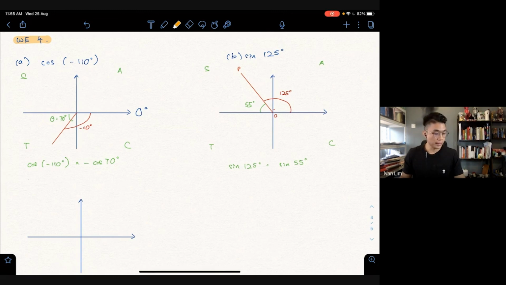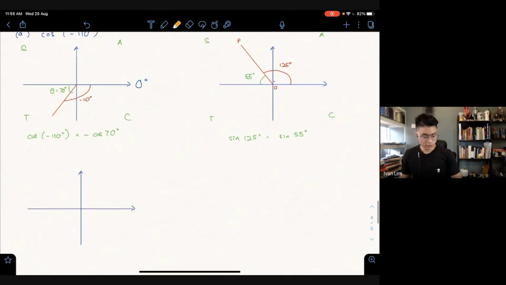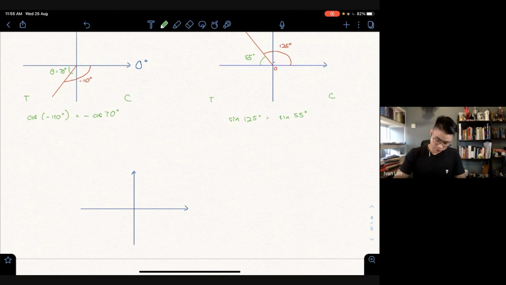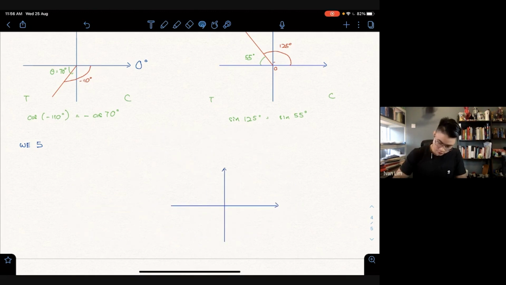Okay, let's go to the last one for today. Worked example 5. What do they say? Given that sine theta is equal to negative 3/5, and theta is between 180 degrees and 270 degrees.